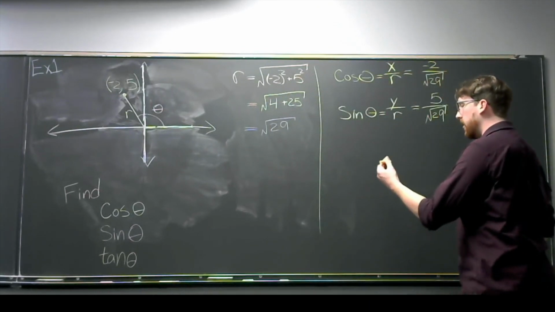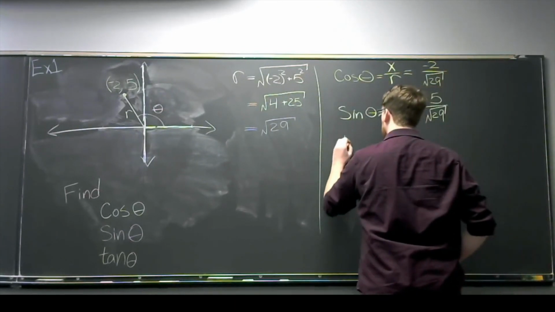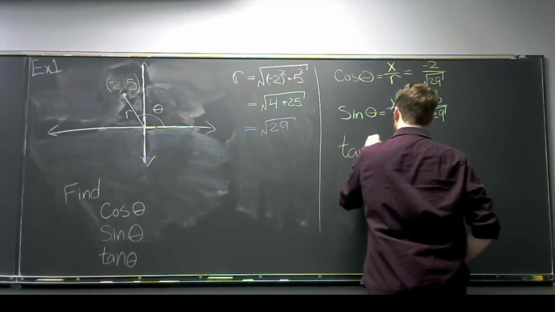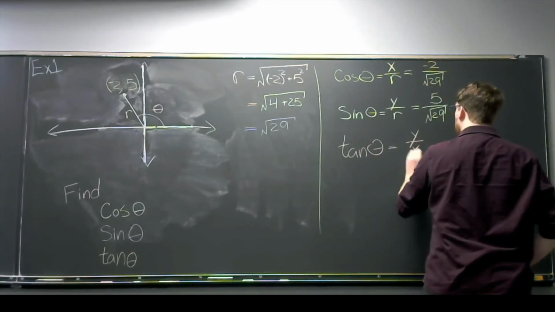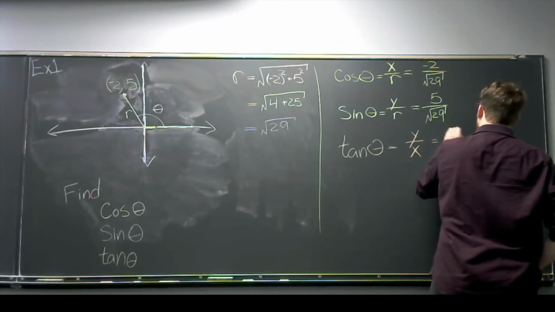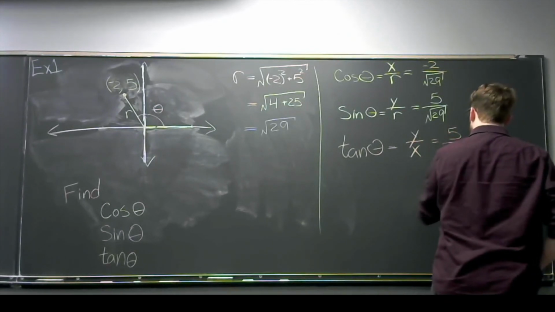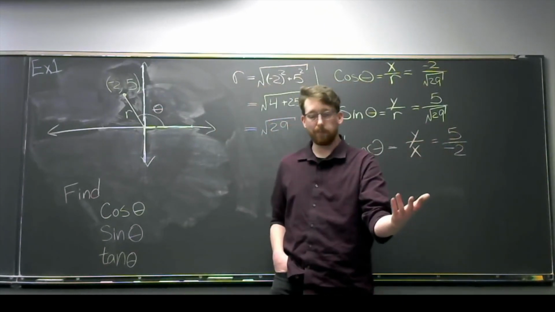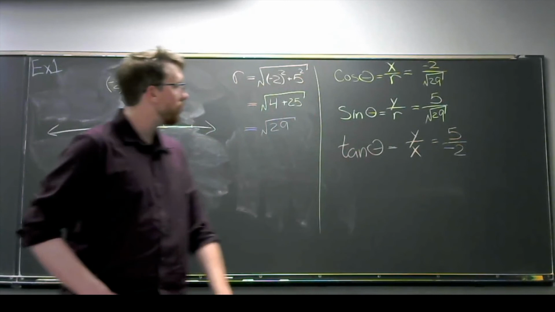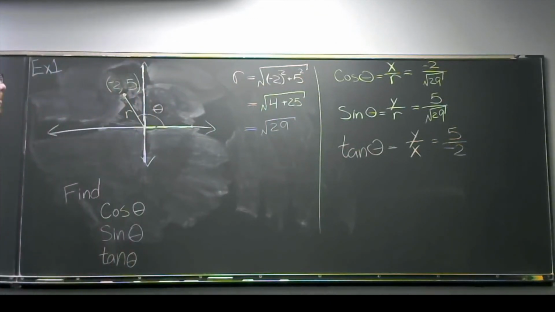And finally, tangent is going to be y over x, so 5 over -2. That's all she wrote. That's pretty much all I got for this example, I guess.